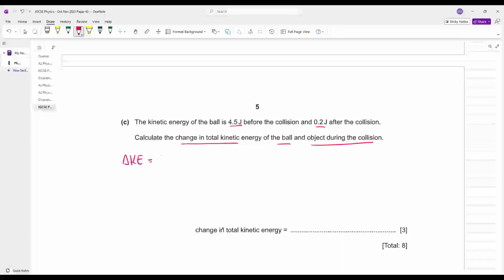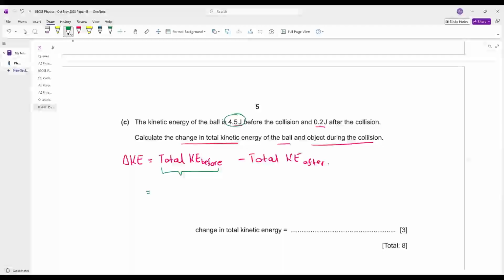The change in kinetic energy is equal to what? Total kinetic energy before collision minus total kinetic energy after collision.